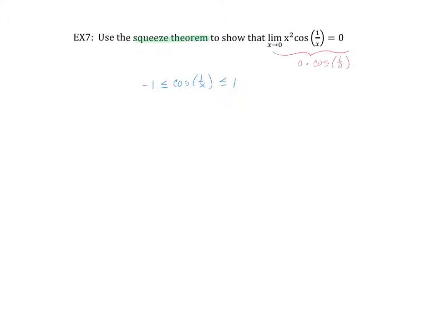So x squared is never negative. So if I multiply all three pieces by x squared, I get negative x squared less than or equal to x squared cosine of 1 over x less than or equal to x squared. So now I have my inequality so that I can use the squeeze theorem. Again, all I did was build up from my cosine function.